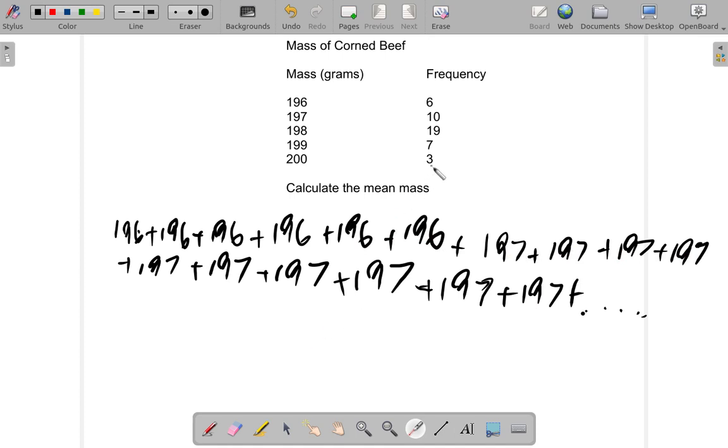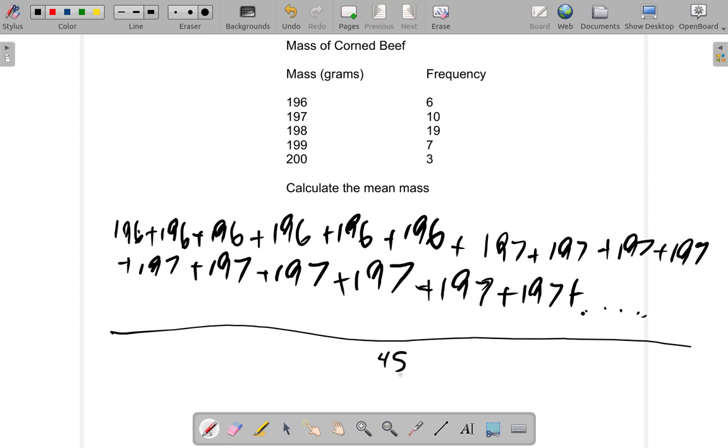And then you divide by the total number of corned beef that you studied. What's the total number here? 10 and 6, 16. 16 and 19, 35. 35 and 7 would be 42, and 3 is 45 of them. When you finish writing them out, all of this is divided by 45. That's what would happen if you should count them one by one.